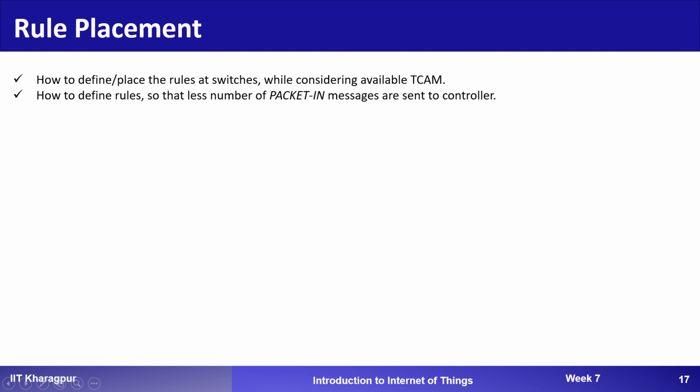How to define rules so that fewer packet-in messages are sent to the controller. So for rule placement, two challenges are there, right? First, how to define the rules, and second, how to place the rules at your switches, so that the exchange of messages, that is your packet-in messages, is minimum.